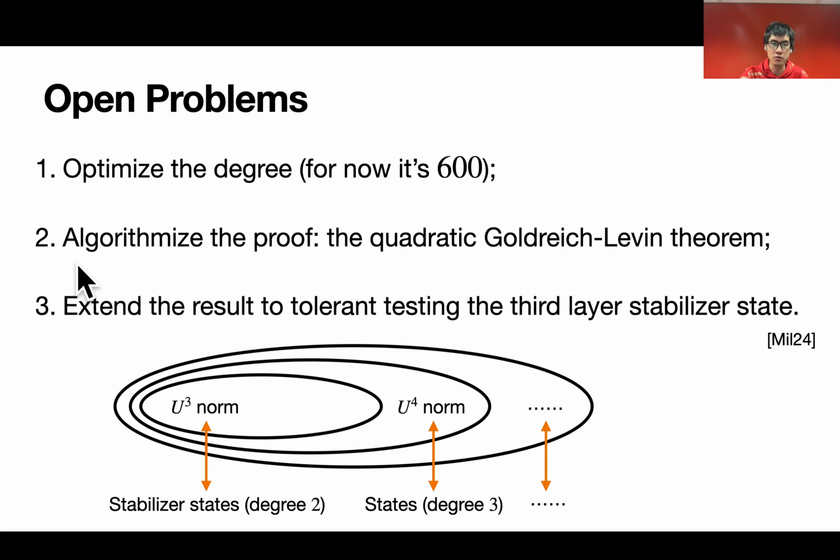So the second question will be to try to algorithmize the proof. And the third problem is about extending the result to third-layer stable states. We already know that the U3 norm is related to the distance to stable states. So we can naturally ask, can we also prove that the U4 norm is related to states with degree 3, and so on.